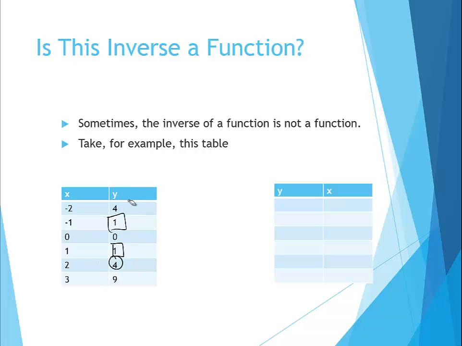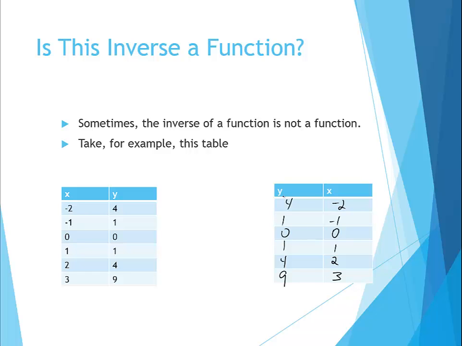But if we find the inverse, guess what? We now have the same number in our input. And we cannot have the same number in our input. That's a no-no. It's the same thing as the vertical line test. We'll have 2 intersections for the vertical line test, which is a no-no.